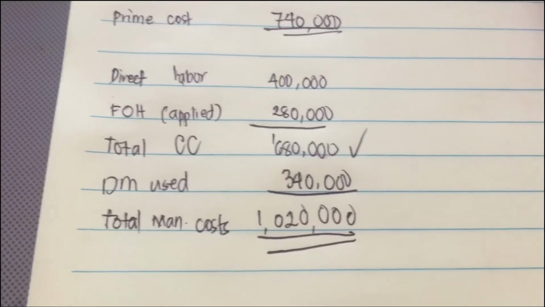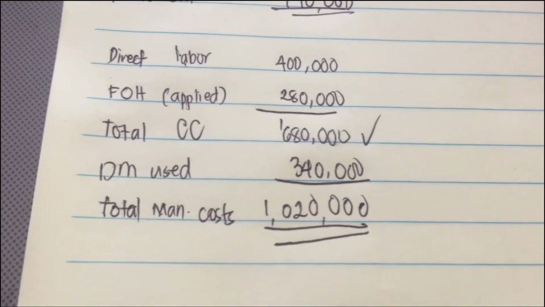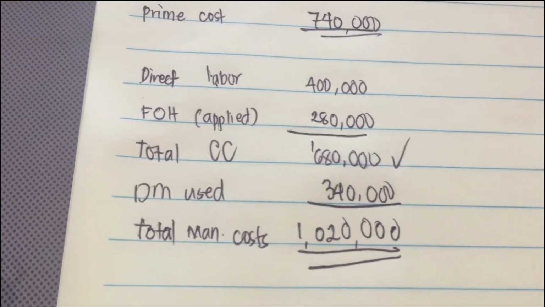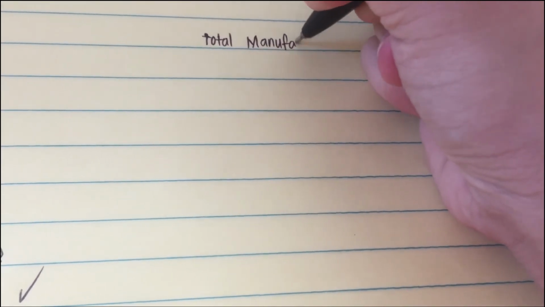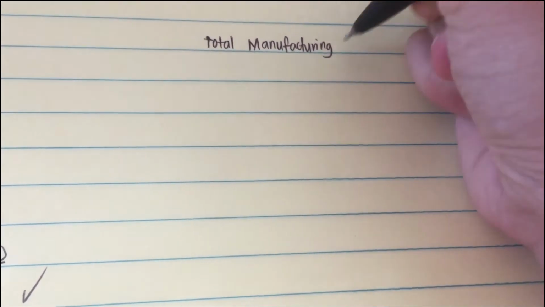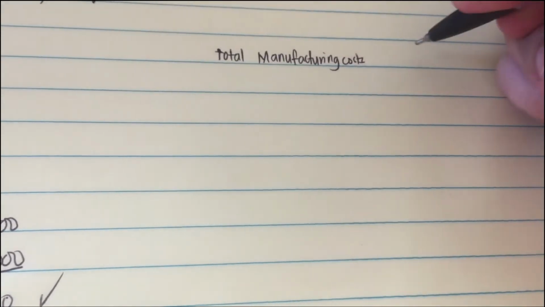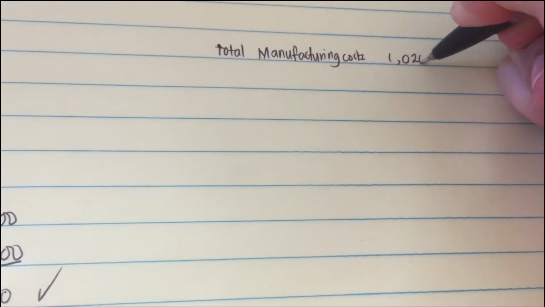After that, let's get the cost of goods manufactured. We have to start with our total manufacturing costs, 1,020,000.